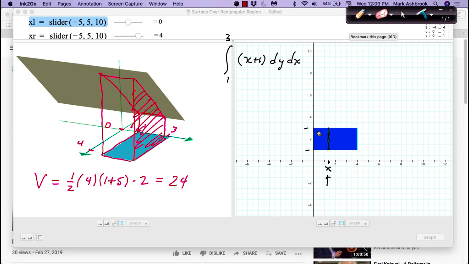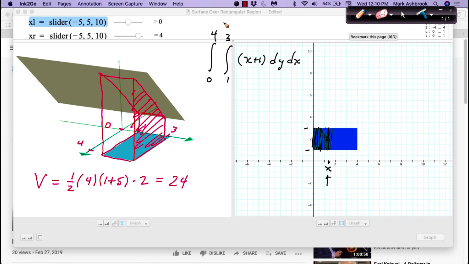I'm going to add up all those rows of sticks as x goes from 0 to 4. So this is the calculus way of doing it. You're imagining summing up tons and tons of really super skinny rectangular prisms to make up the whole trapezoidal prism.